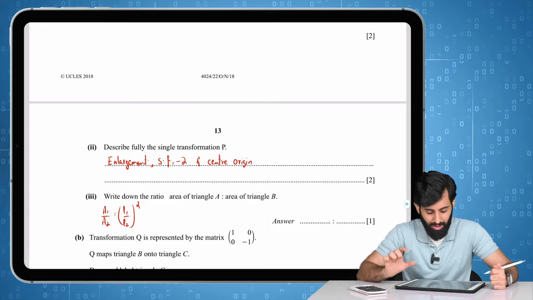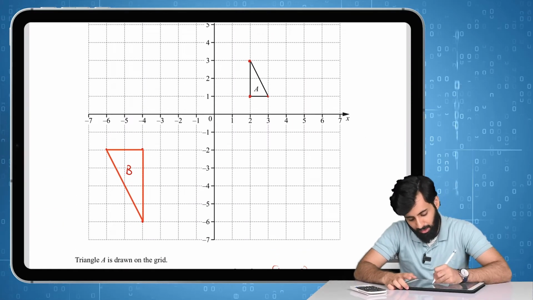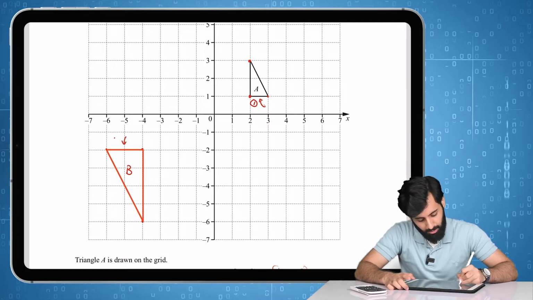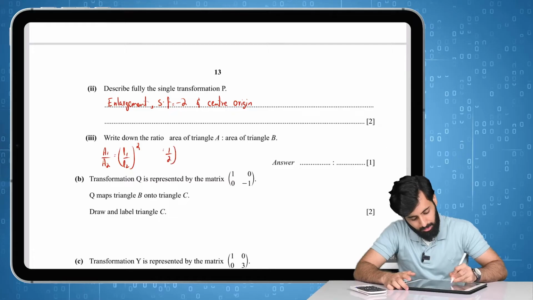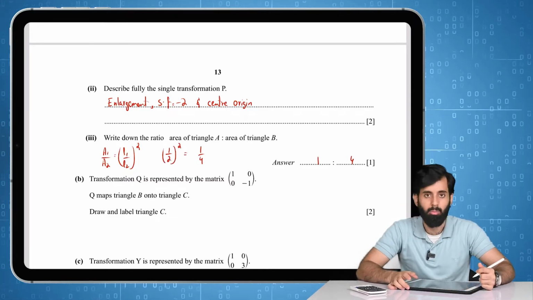So we take the length of triangle A as the numerator and the length of triangle B in the denominator. I'm going to take the base of A, which is 1, and the base of triangle B, which is 2. So 1 upon 2, the whole thing squared, gives 1 upon 4, or in ratio, 1:4.